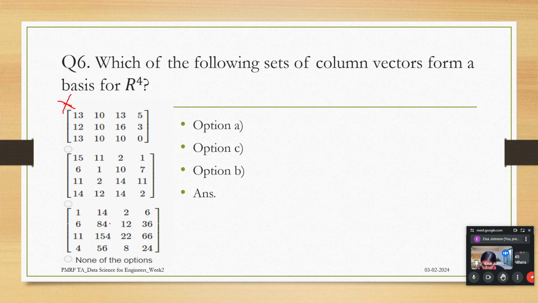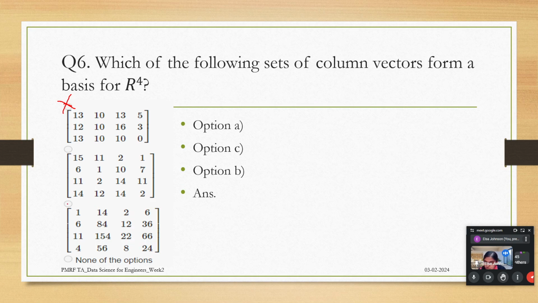So first I'll check C. Here you can just see that 1 into 14, 6 into 14 will be 84, 11 into 14 like that, 14 into 4 is 56. So this is linearly dependent, and here also linearly dependent, here also it's linearly dependent.